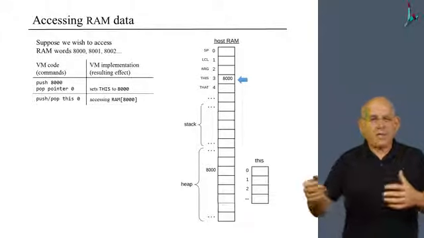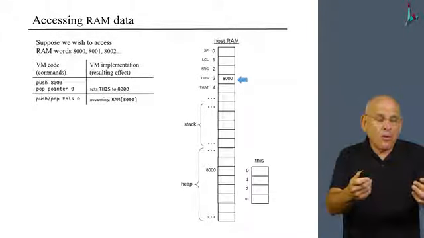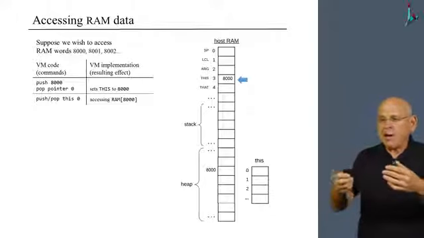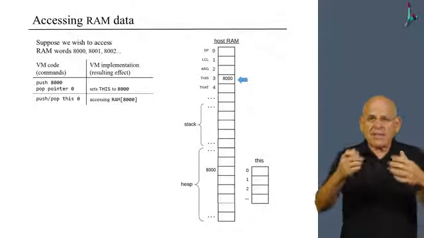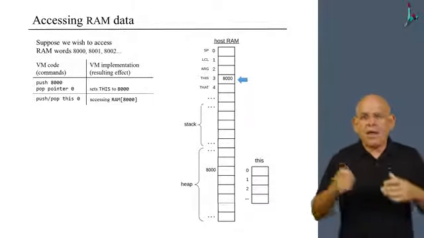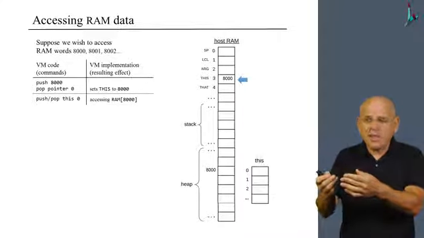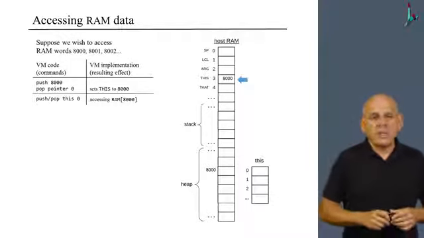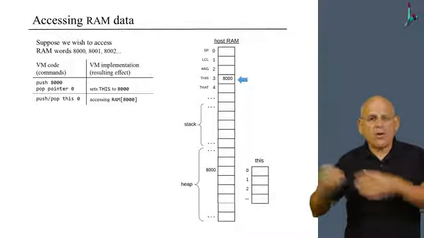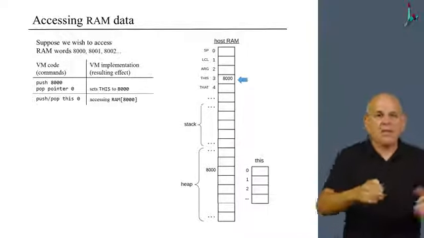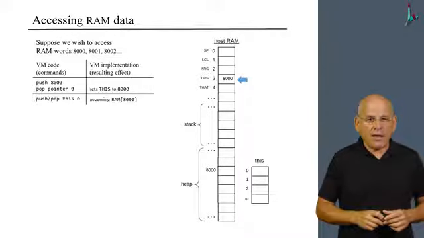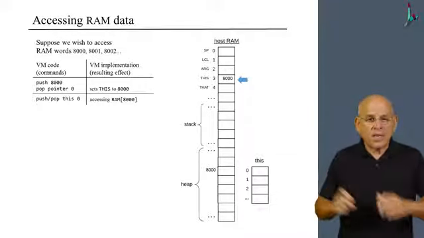Now, what will pop this 0 do? Let's do push this 0 first. It will take the value which is currently located in RAM 8000, and it will push it onto the stack. And pop will take something off the stack and put it in RAM 8000. And we do this using this segment.